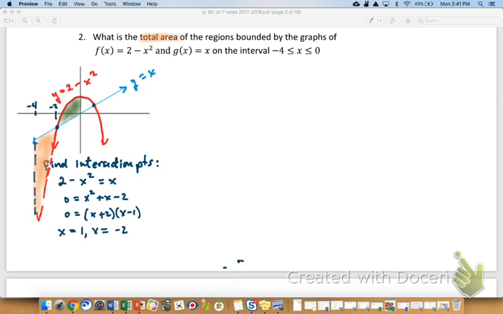And you're going to have to consider both. I want you to think about this. Let's talk about what would happen if I did the integral from -4 to 0 of f minus g. What would actually happen here? What would I be finding?